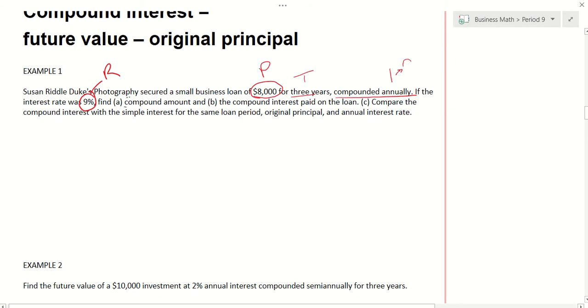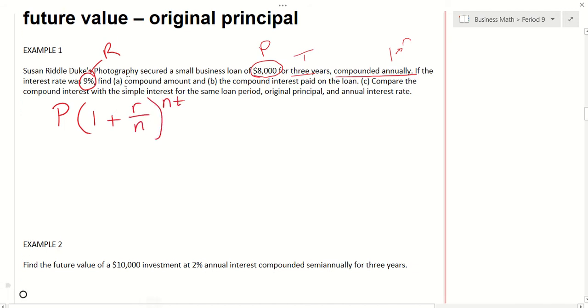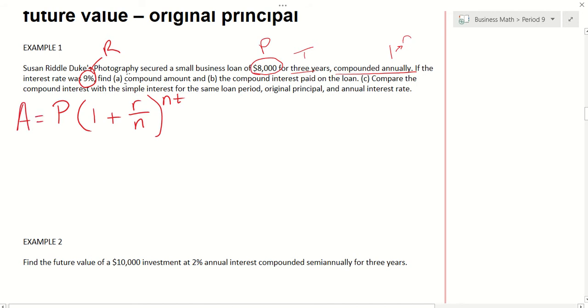So what is the formula that we'll be using? This is actually going back to 9th grade. The compound formula is A equals P times parentheses 1 plus R over N, to the NT. And that gives you the amount. Amount is principal times 1 plus rate over number of periods, to the exponent number of periods times time.